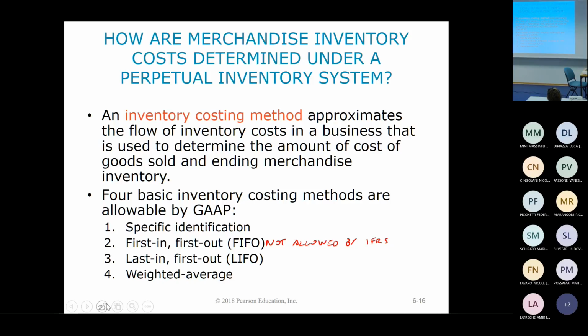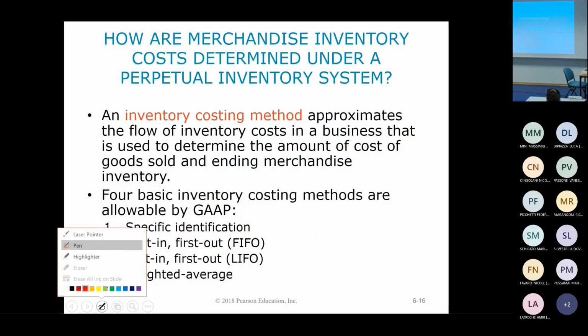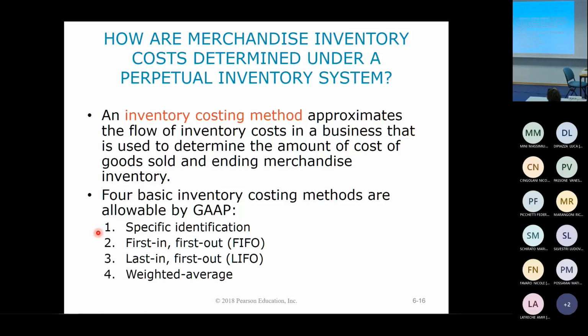Now, of course, I made a mistake. I wanted to write this note, not here, but in the LIFO, sorry. I was talking about LIFO, and I wrote this, the LIFO is not allowed, not the FIFO. Sorry about that.